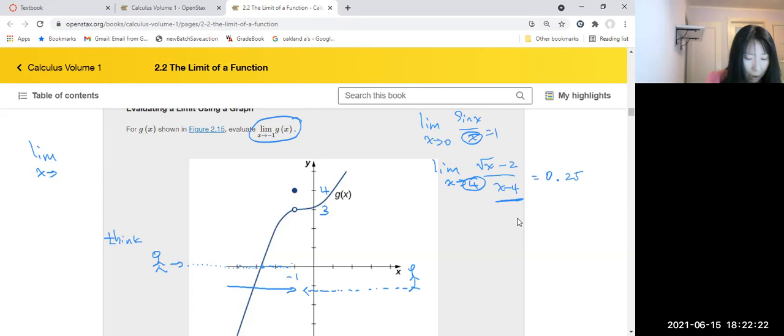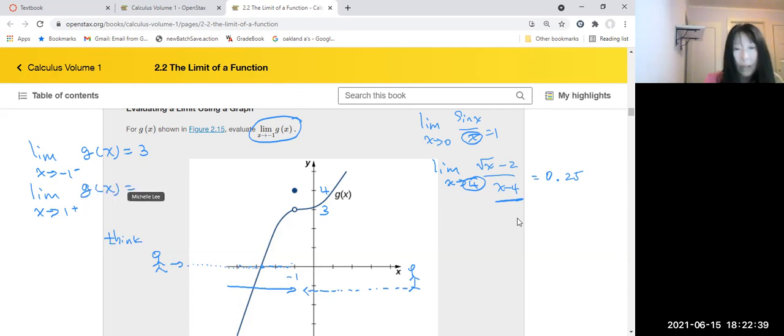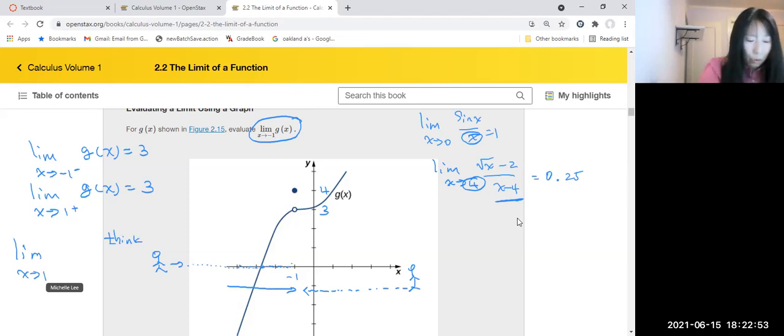So from the left of -1, g of x equals 3, right? And if we take the limit when x approaches -1 from the right, then g of x also equals 3. Since the two numbers match, agreed, right? So we can say that, oh, -1, sorry. As x approaches -1, g of x equals 3, we conclude.